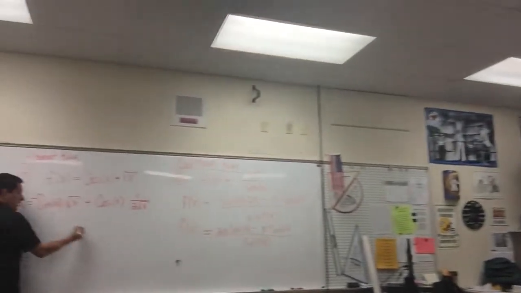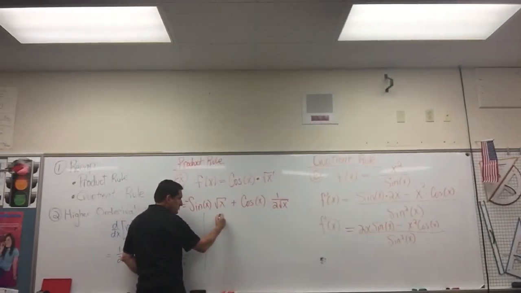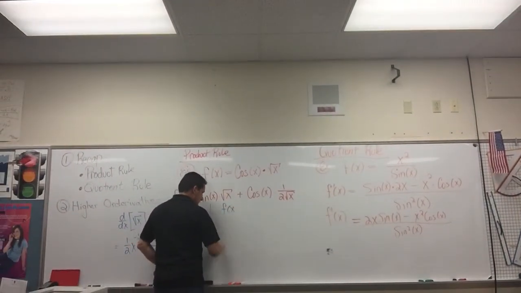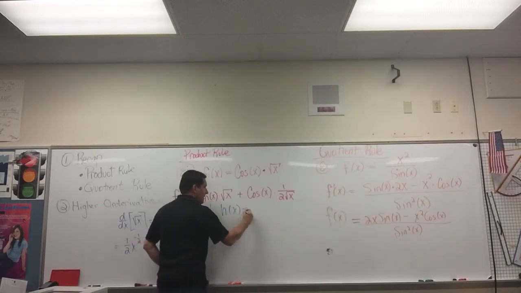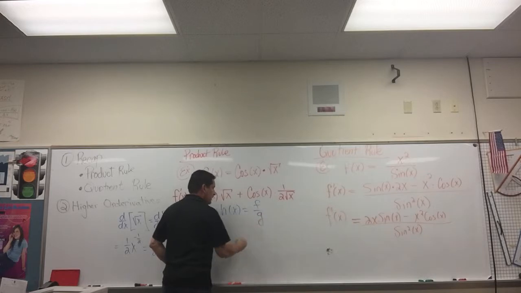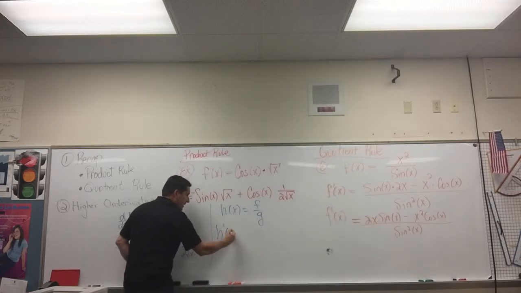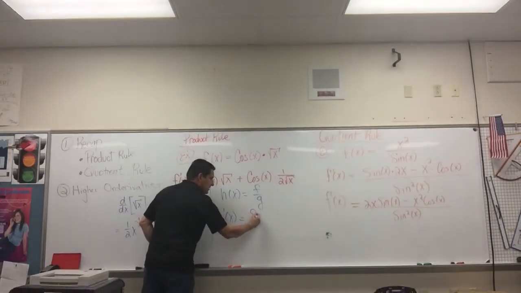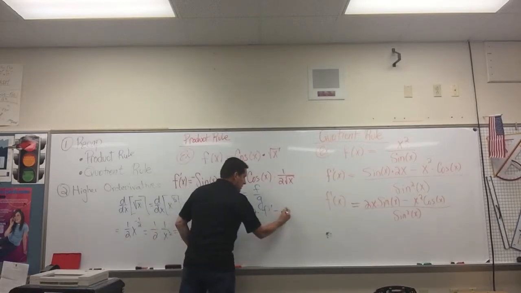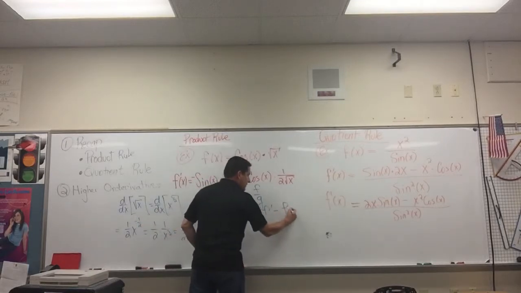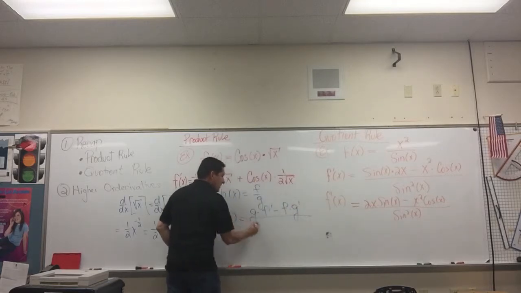Quotient rule, if h of x is equal to f divided by g, then h prime of x is equal to g times f prime minus f times g prime all over g squared.